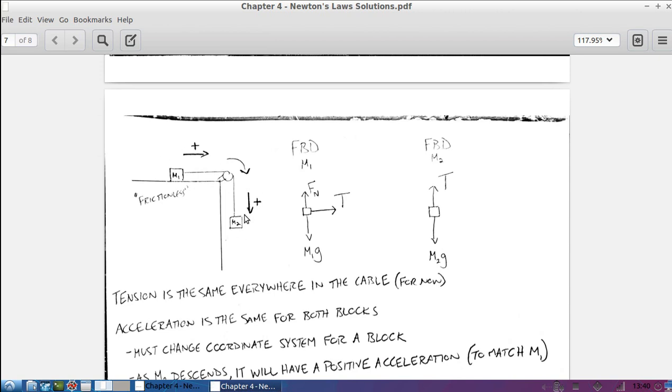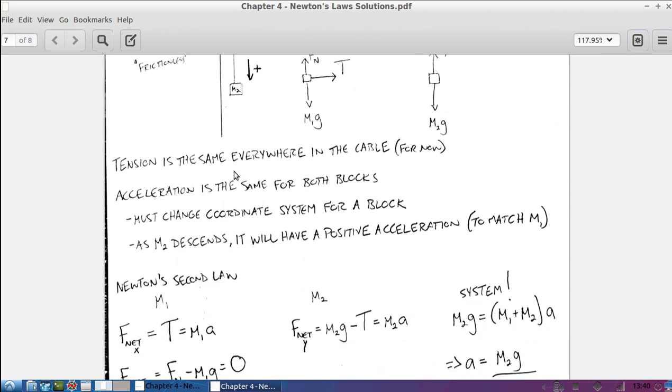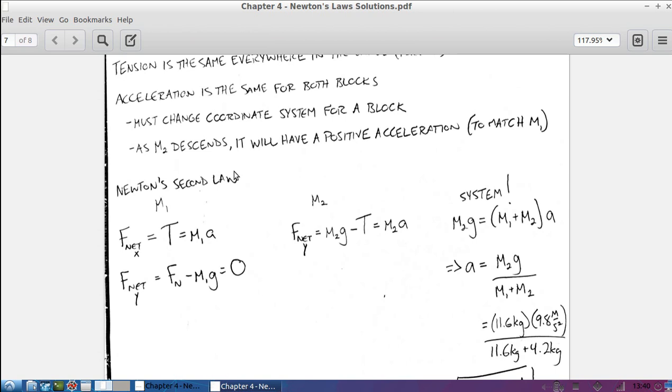So this direction, to the right for M1 over the pulley and down for M2, is positive. I want these signs to match up, otherwise I won't be able to solve the equation. So to the right is positive for M1 and down is positive for M2.